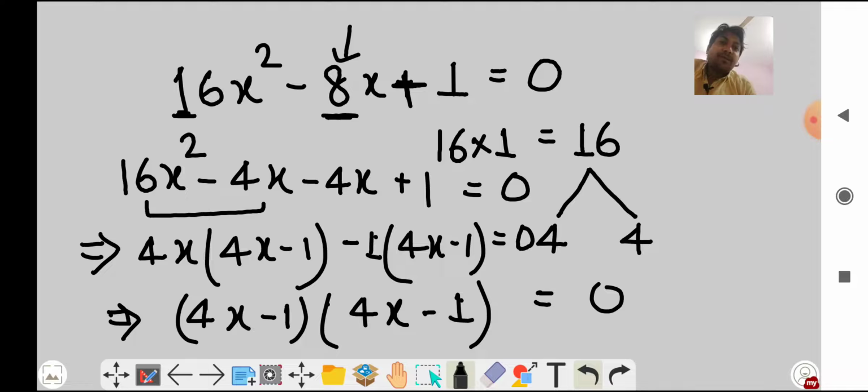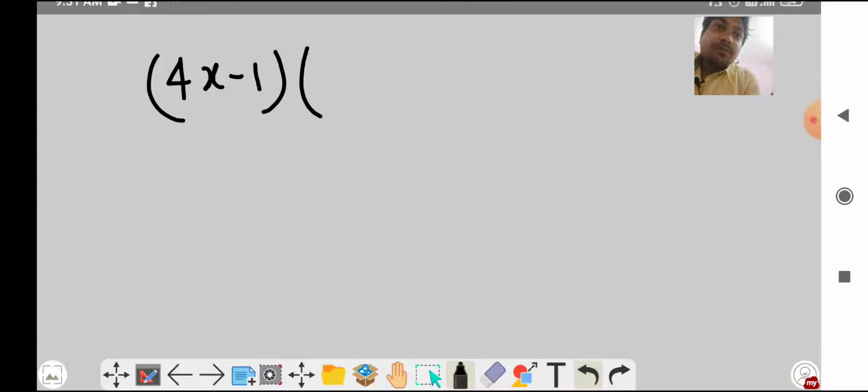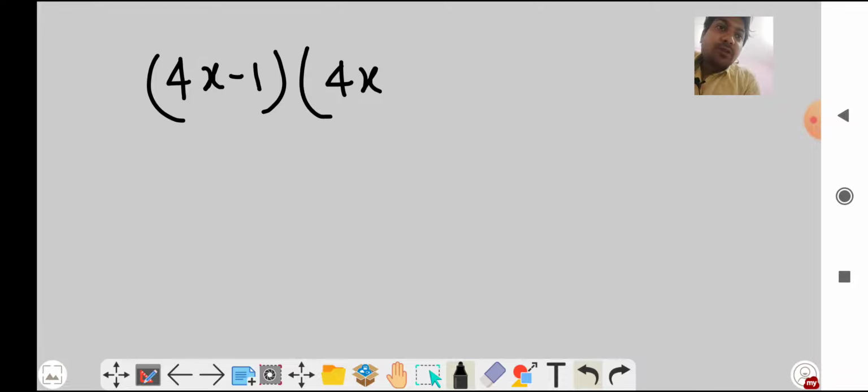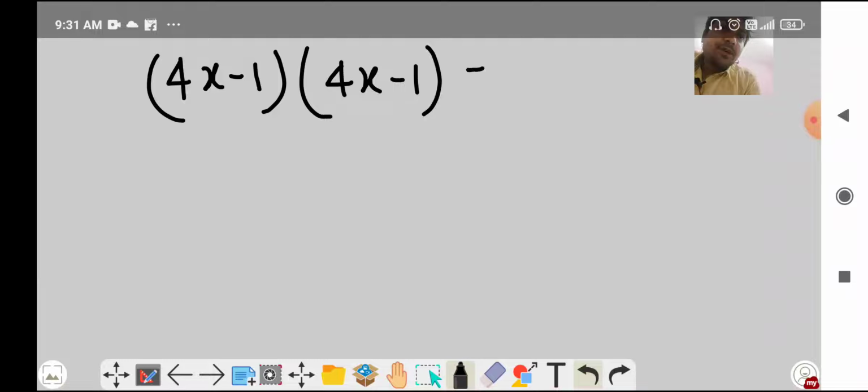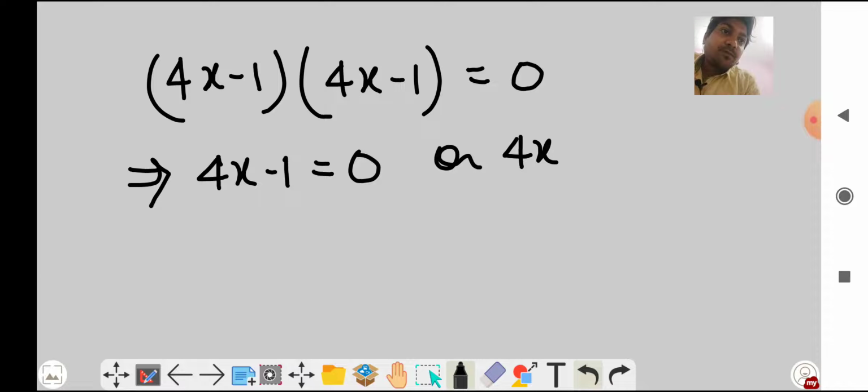So we are getting 4x minus 1 into 4x minus 1 equals to 0, or you can say 4x minus 1 equals to 0 or 4x minus 1 equals to 0.